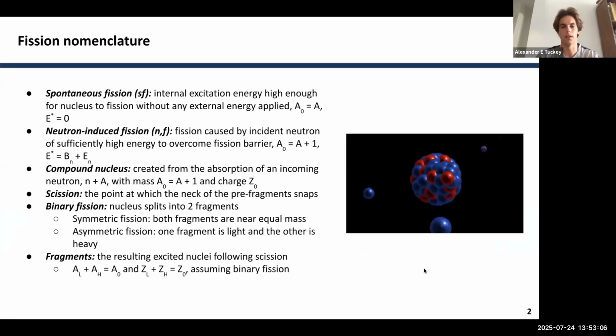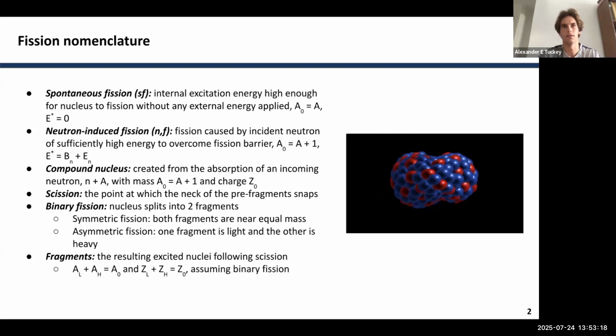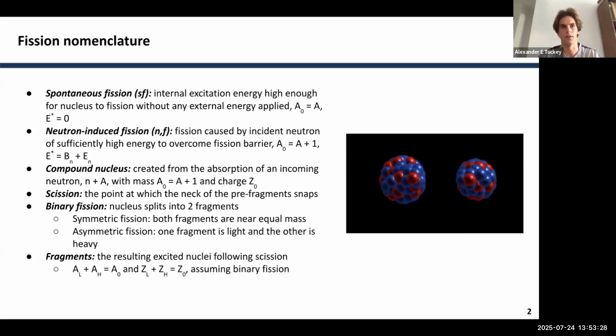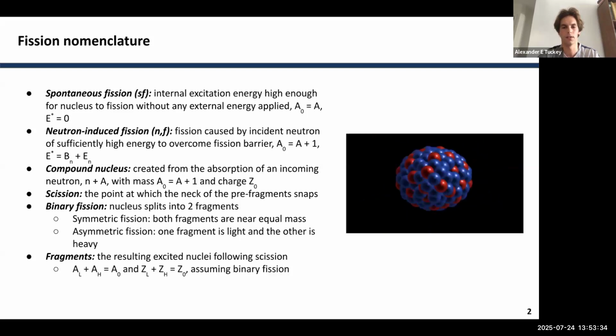Well, I simply didn't discuss trinary or ternary fission here because Freya doesn't support the modeling of that. It certainly can happen, but from my understanding, it's a much more unlikely process than binary fission. But I just left it out because Freya doesn't currently support that.